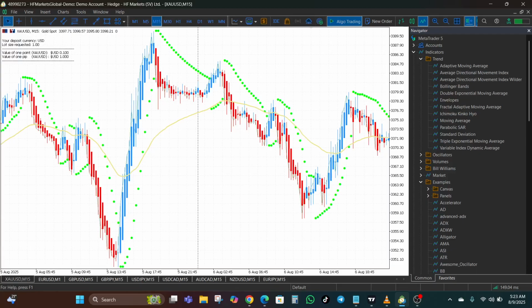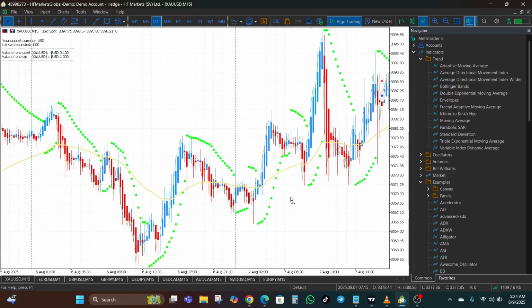Okay, now exiting your trade is pretty easy. You just have to stay in the trade as long as the parabolic SAR remains in your favor. So if you had entered a sell trade around here, so long as the parabolic SAR is still above the candles, you can remain in your sell trade until the parabolic SAR flips to the downside, okay?